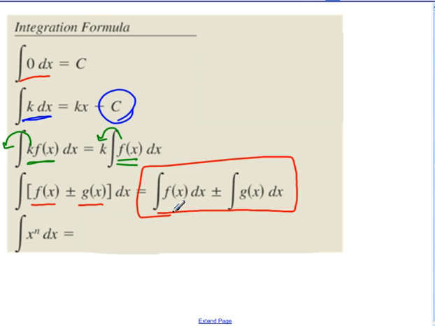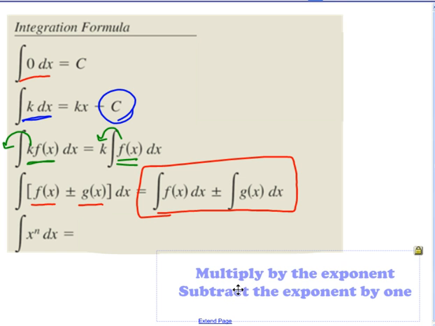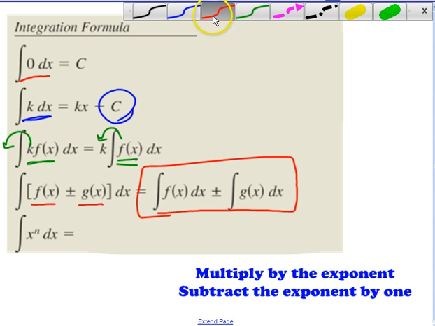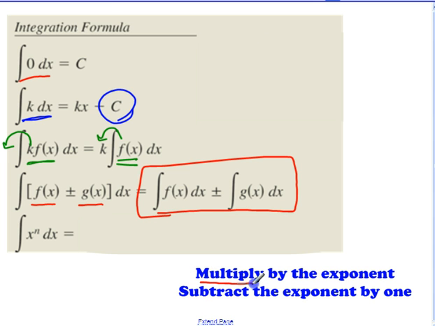Now our last one is our power rule. Like before, we have a power rule when it comes to antiderivatives. And I just want to remind you that our power rule for derivatives was that we multiply by the exponent, and then subtract 1 from the exponent.